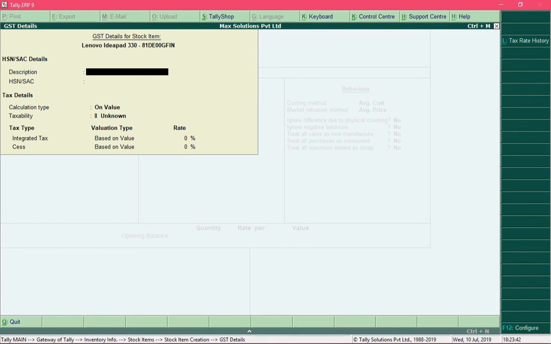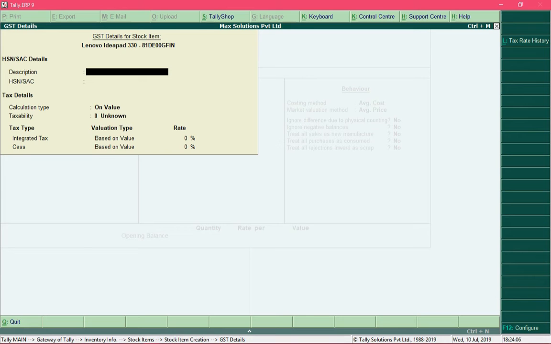But if you remember, we have already furnished GST related details like HSN code and the rate of GST at group level. So once you define those details at group level, any product created under such groups would share same details, so we don't have to specify that information again over here.